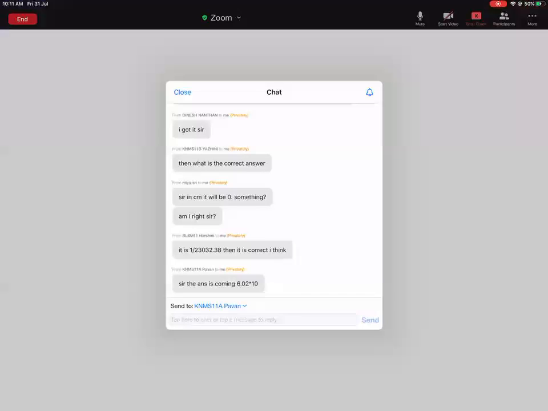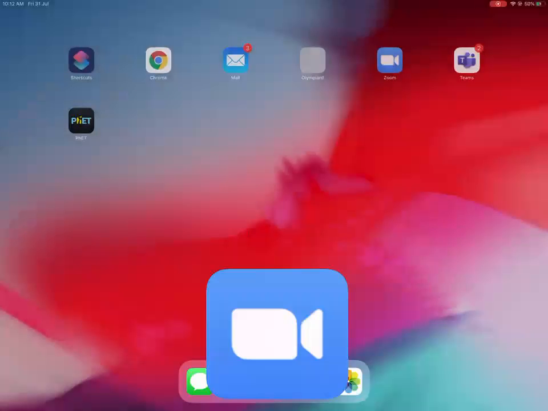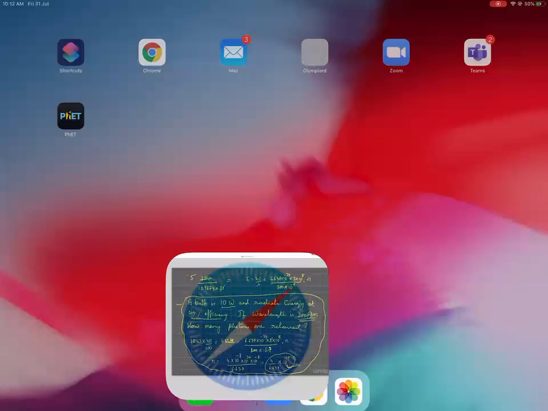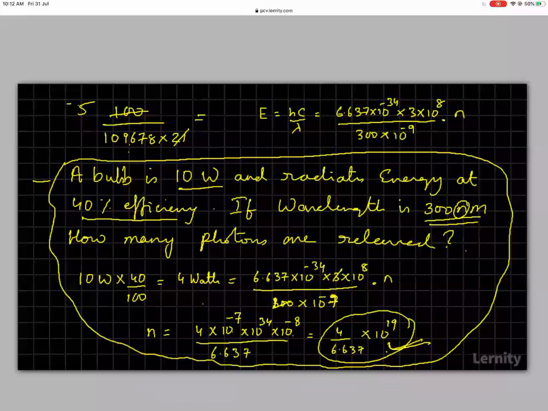Yeah, it is 1 by 23032. It is correct. Yeah, correct. Okay. So if you are doing this calculation, it will be approximately 40 divided by 6.6. Okay. So if it is 40 divided by 6.6, 6 into 6 is 36, carry over 3, 36, 39.